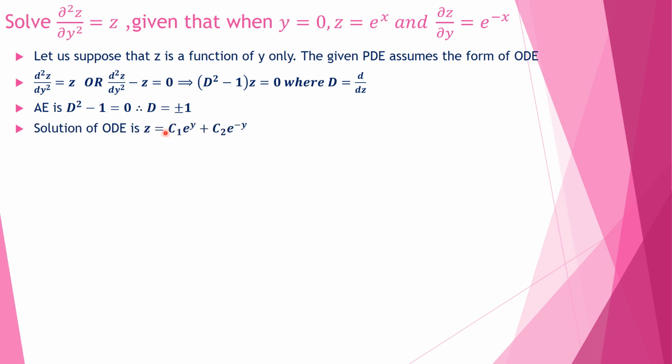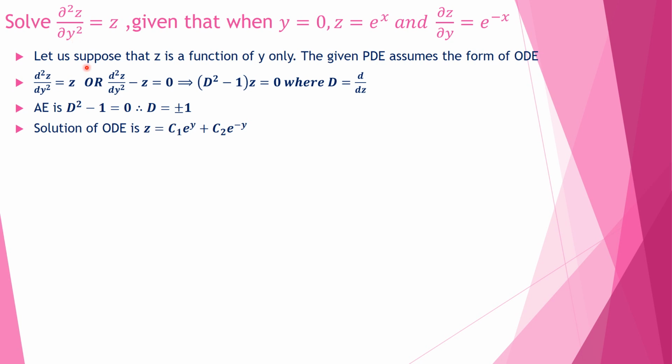Therefore, the solution of the ordinary differential equation is z equal to constant c1 into e power y plus c2 into e power minus y. Here the independent variable is y. Since in this partial differential equation the only visible independent variable is y, we treat x as constant.